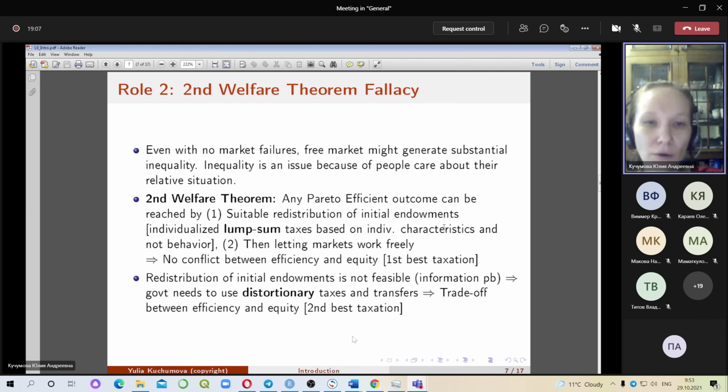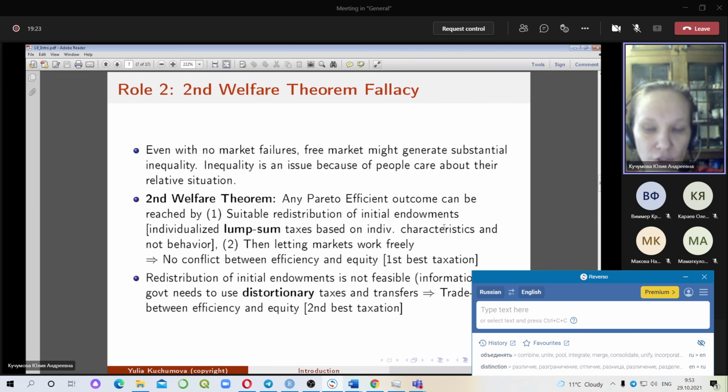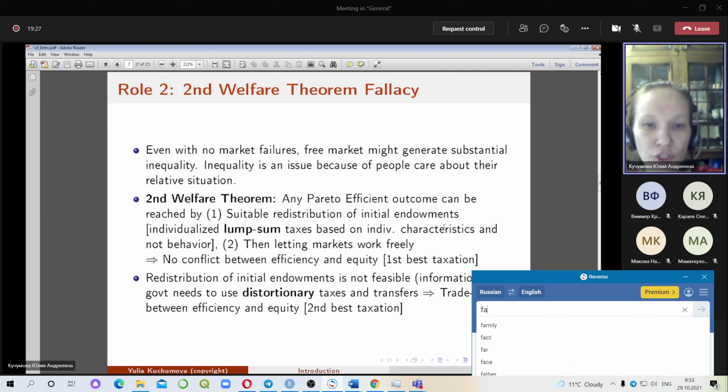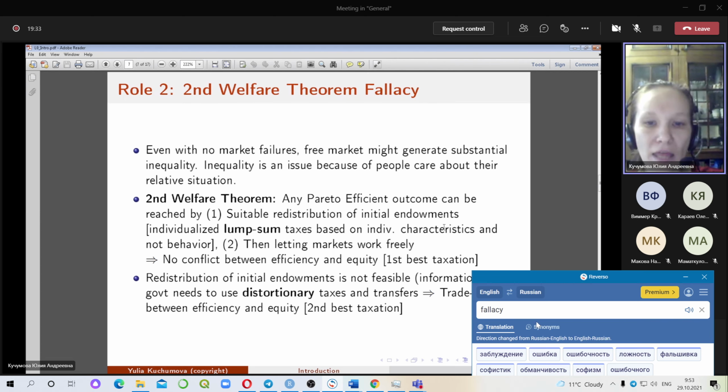And what is the second welfare theorem and how does that relate? Let us recall that theorem. Any Pareto efficient outcome can be reached by a suitable redistribution of initial endowments and then letting markets work freely.